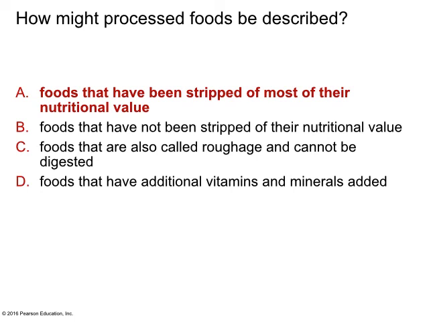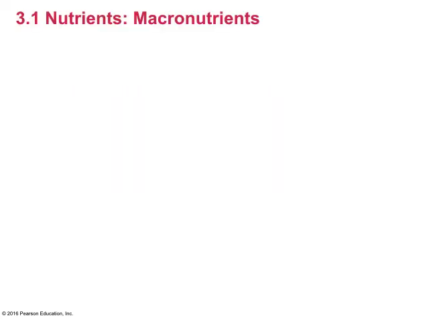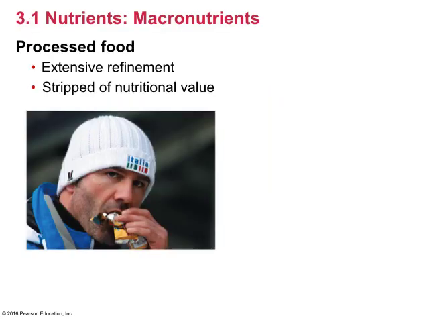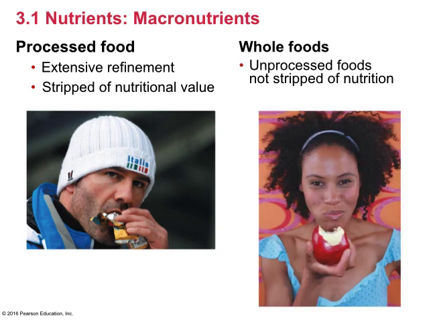And so people that eat processed foods are deficient in a lot of the nutrients that your body needs. So processed foods are characterized by extensive refinement, they're stripped of nutritional value, and whole foods are any unprocessed food, anything that grows on the earth, and typically these will not be stripped of nutrition.